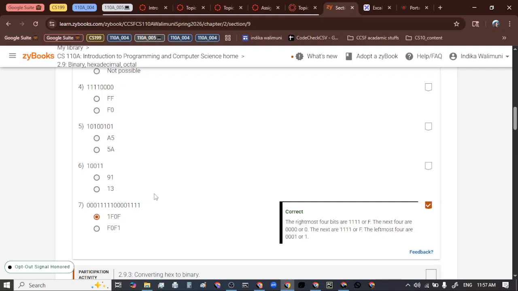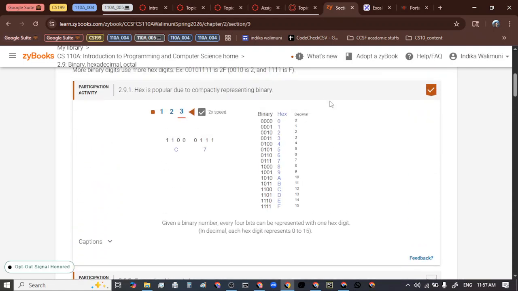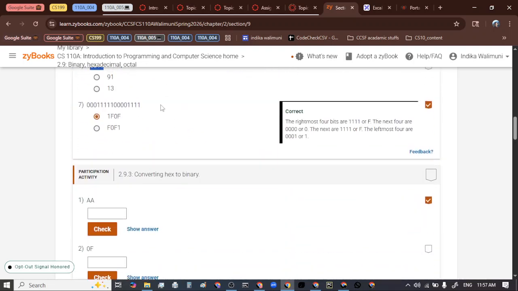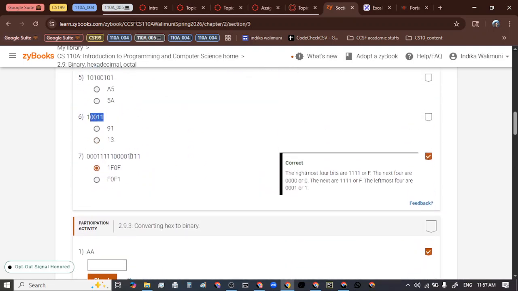You're talking about number 6? Yeah. It's 1 3. So this is the first group from the table, and it's 3. So 3 comes first, then we have 1, just 1.